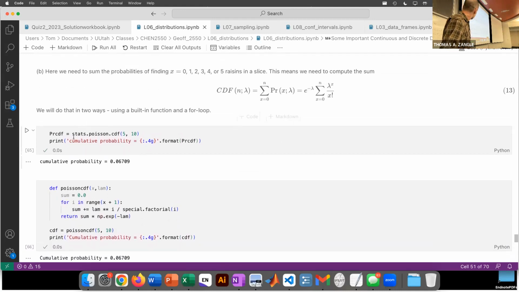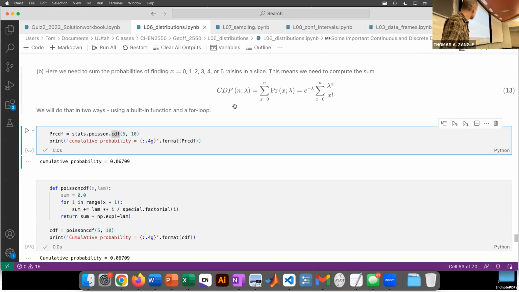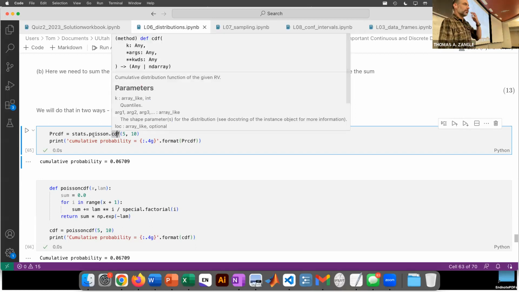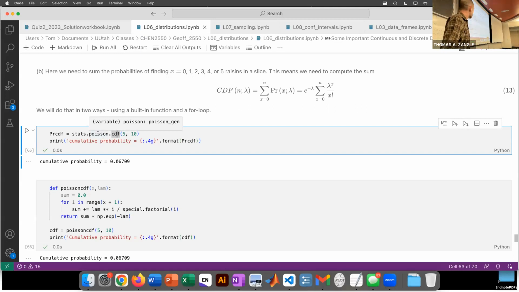And we're showing we can do this in 2 different ways. The first is just by recognizing that what we're actually looking for is the CDF of the Poisson distribution, and the CDF of the Poisson distribution is built into our library.